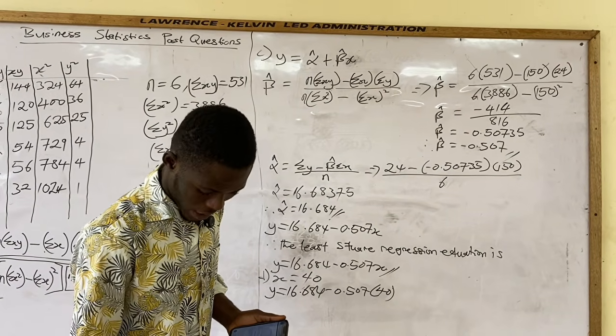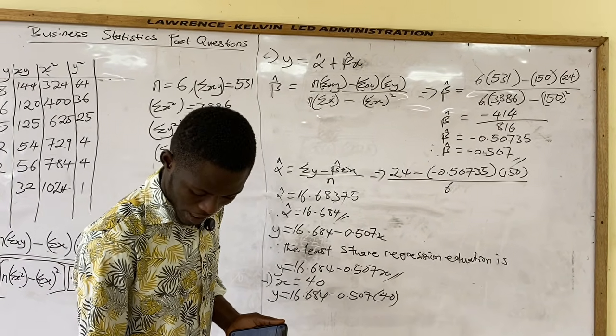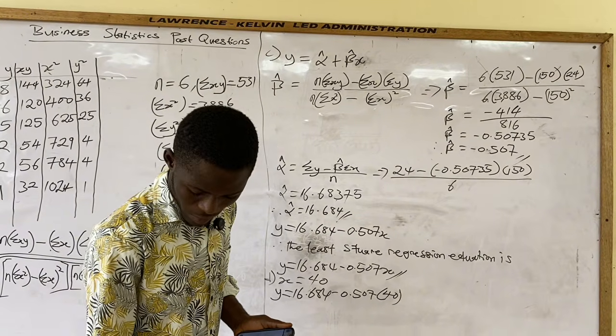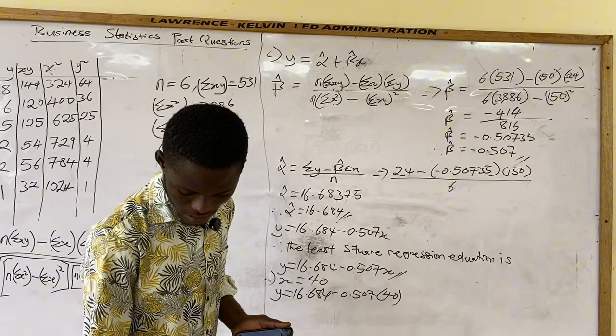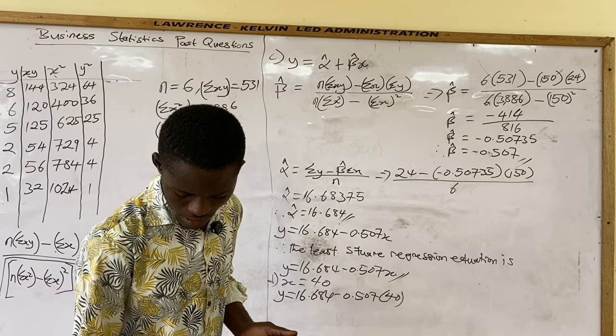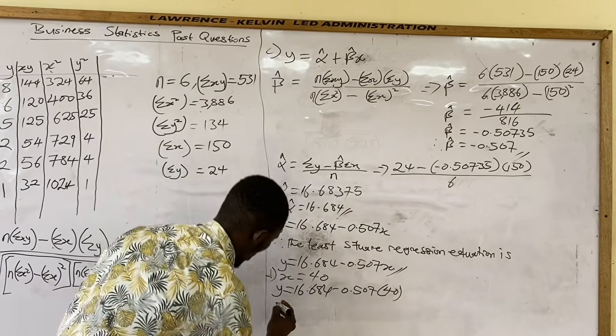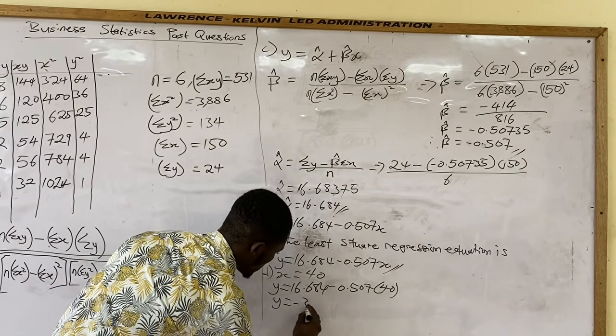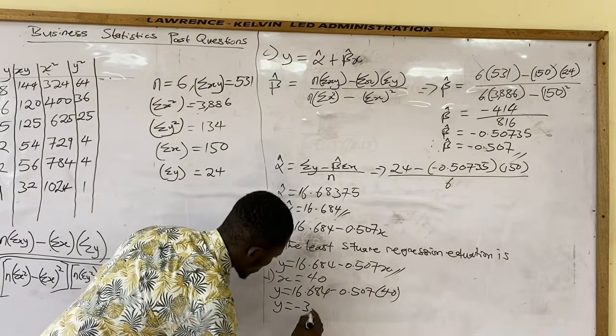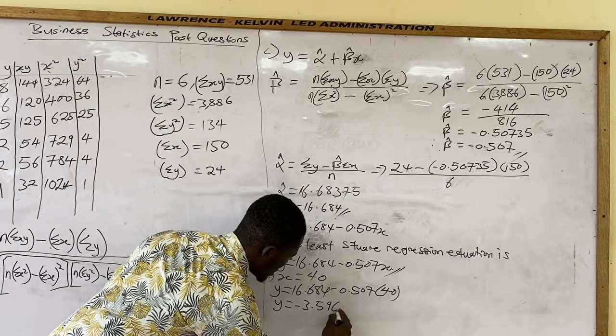Let's put this on the calculator: 16.684 minus 0.507 multiplied by 40 cedis. And we will get y equals negative 3.596.